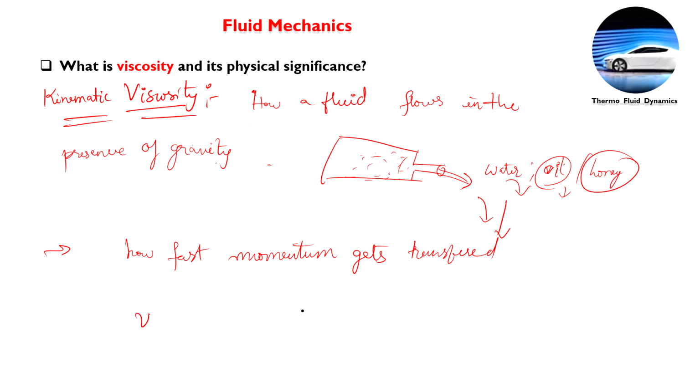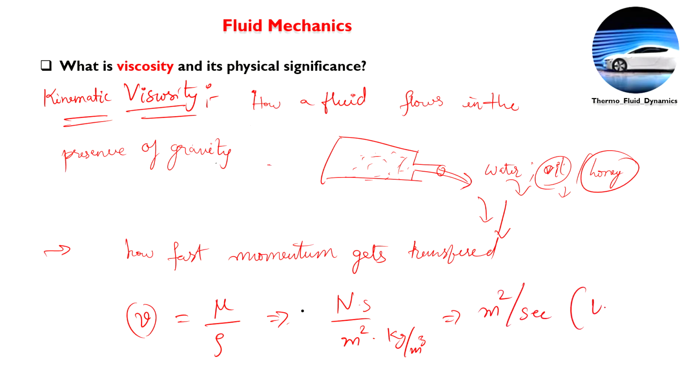Basically, kinematic viscosity denoted by nu is the ratio of dynamic viscosity by rho, which is Newton second per meter square into meter cube per kg, which is meter square per second. These are the units of kinematic viscosity.